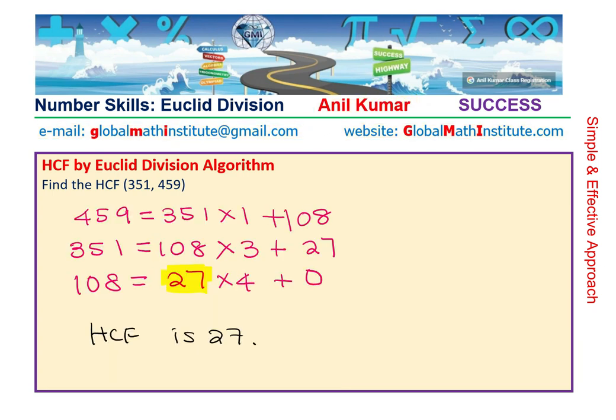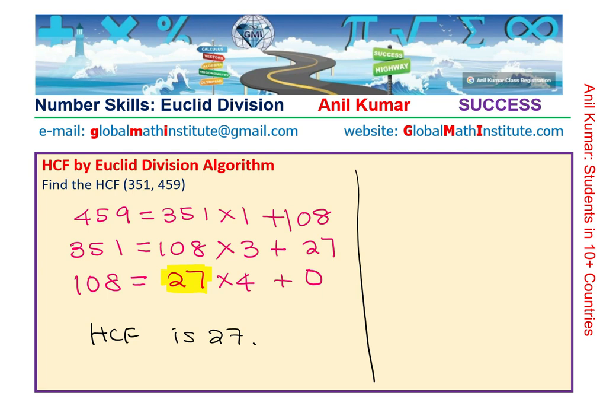Let us also understand the significance of HCF. Now, 27, which is the HCF, can always be written as a division statement because this is a common factor between the two.